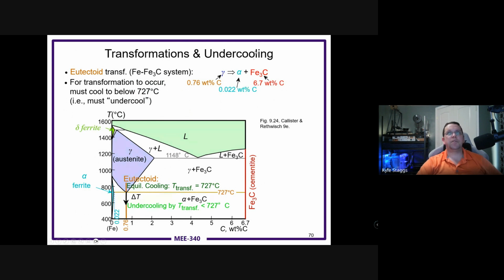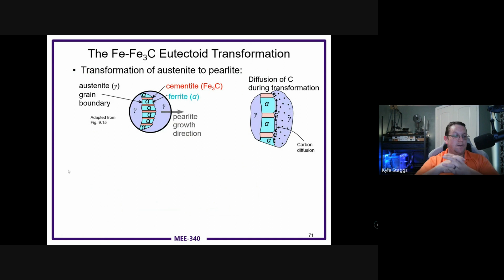So that's just a fancy name for the process that we're using to form these materials. And the reason the word undercooling is used there is you still have some gamma up until the point where you get true cooling in this process. All right.